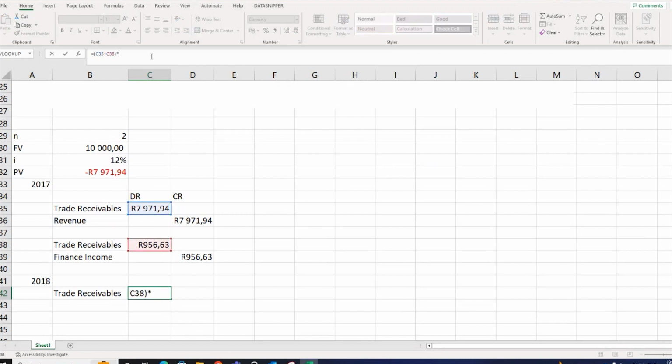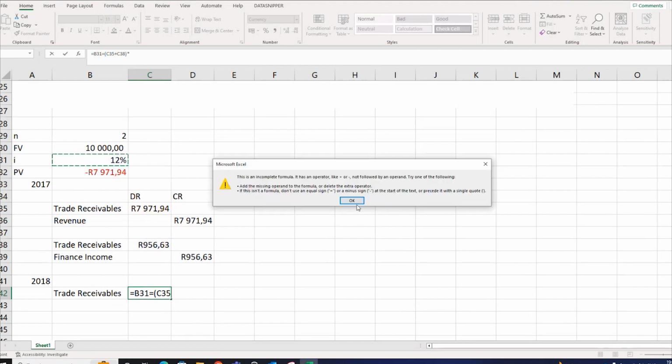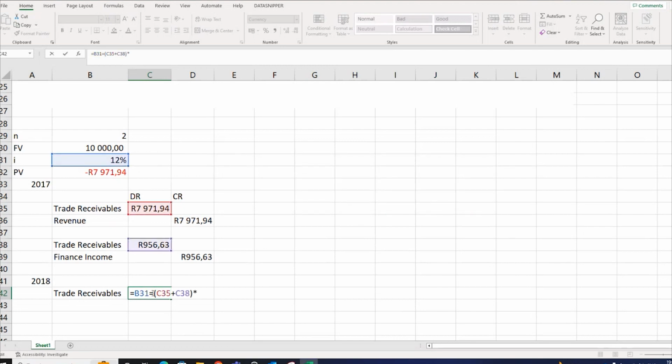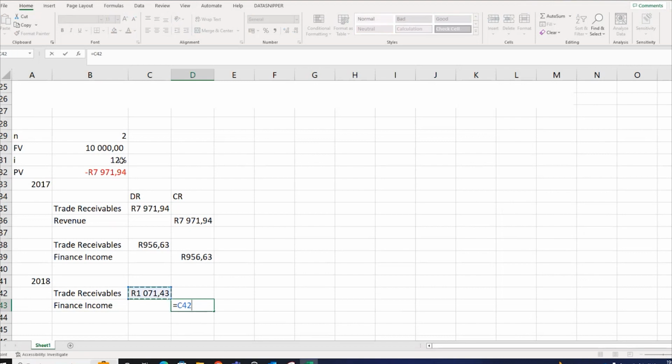Then we multiply that balance outstanding at the beginning of the period by the 12%. Then we've got again finance income, which will be the same amount.